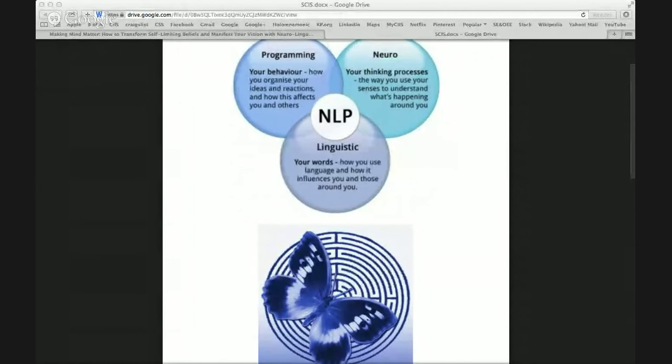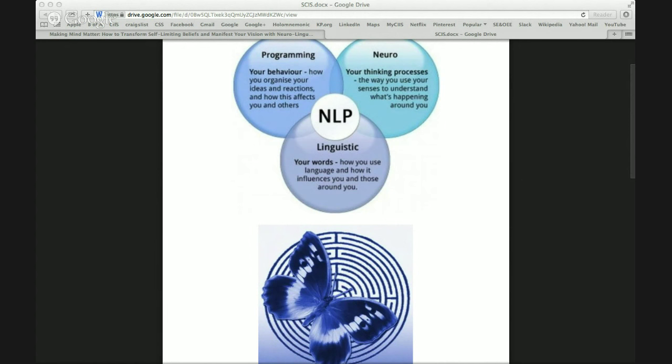So if you want to take a look at your worksheet, which is right here, if you have your handout with you, Neuro-linguistic programming, sometimes it seems like it's a really complex term, complex way of looking at things.